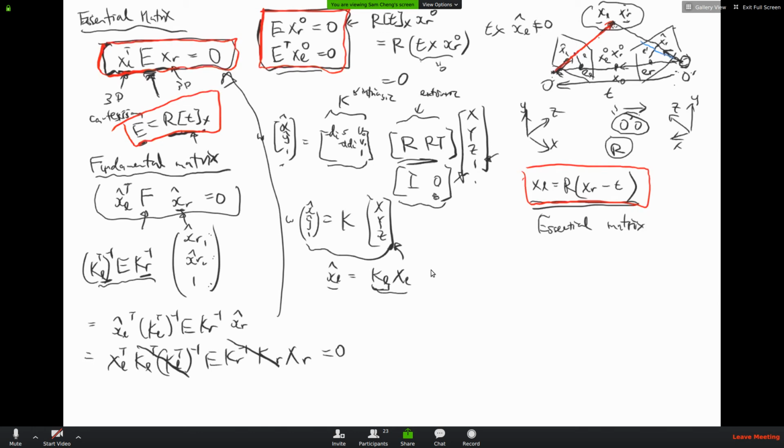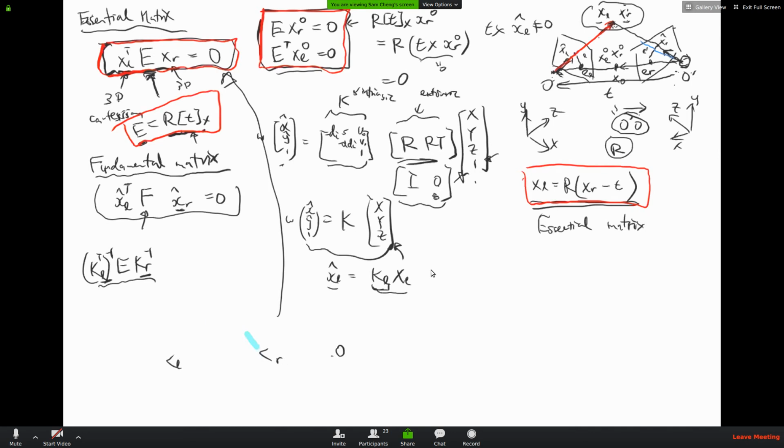So maybe I erase this now. Basically, if my F is equal to this, then this will hold.